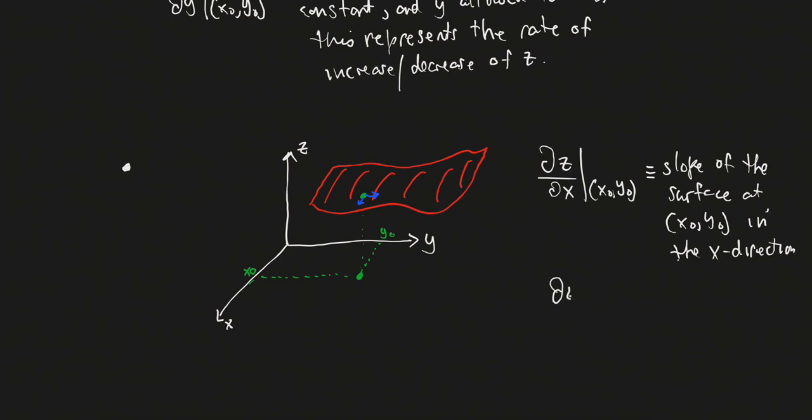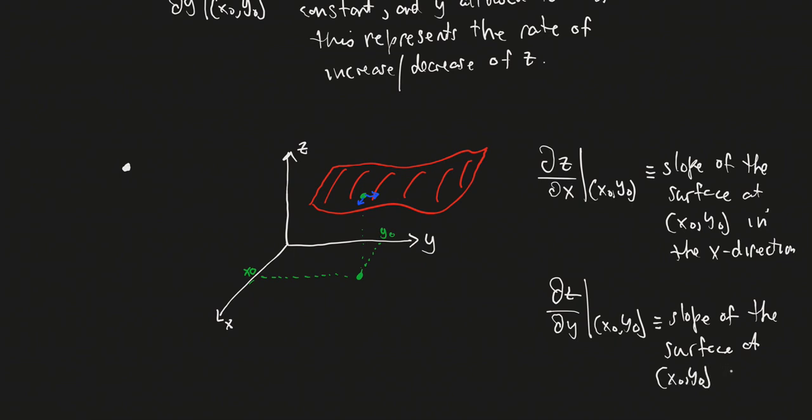And then similarly, dz dy, the partial with respect to y, evaluated at that point, can be interpreted as the slope of the surface, again at that point, so at x0, y0, but now in the y direction.